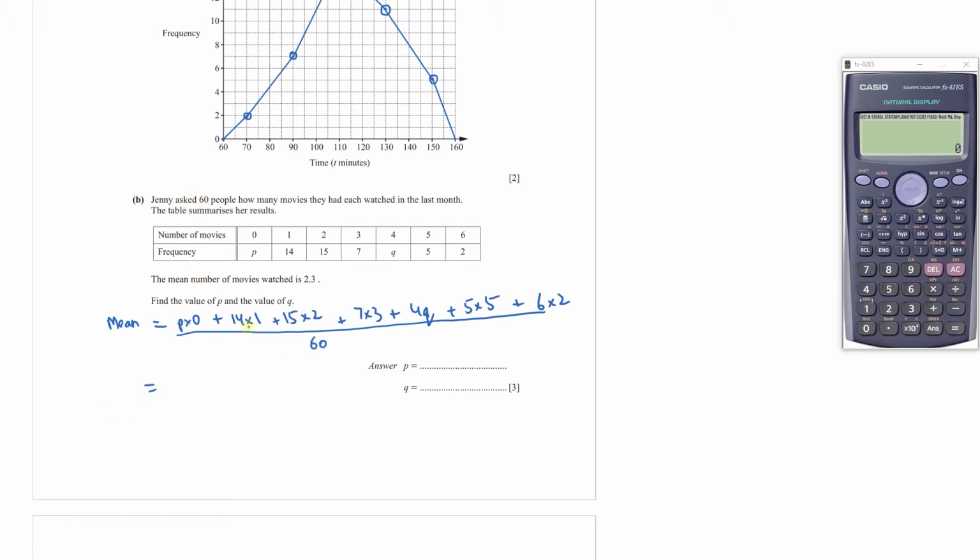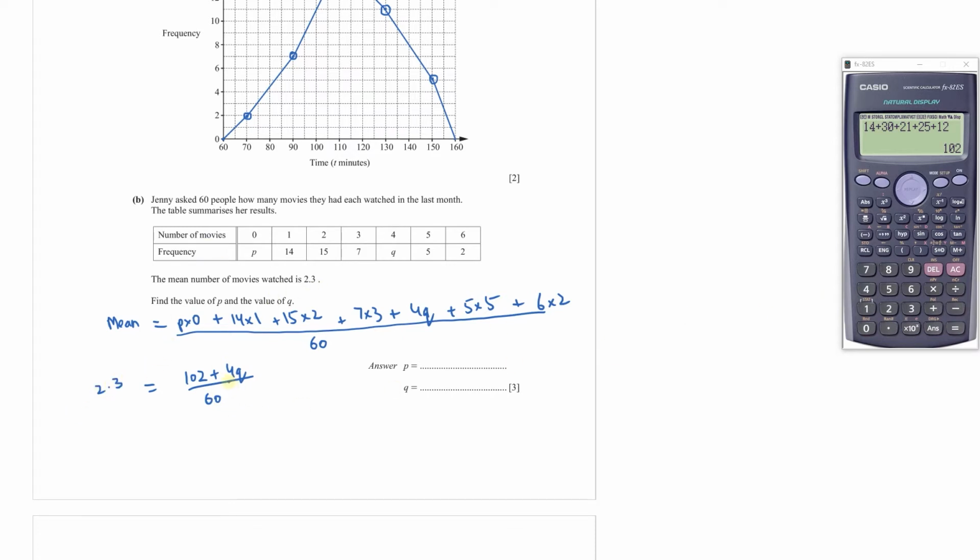So p times 0 will be 0. Then you will have 14 plus 15 times 2 is 30, plus 7 times 3 is 21, plus 4q, plus 5 times 5 is 25, plus 6 times 2 is 12. So you will have 102 plus 4q divided by 60 equals the mean, 2.3.